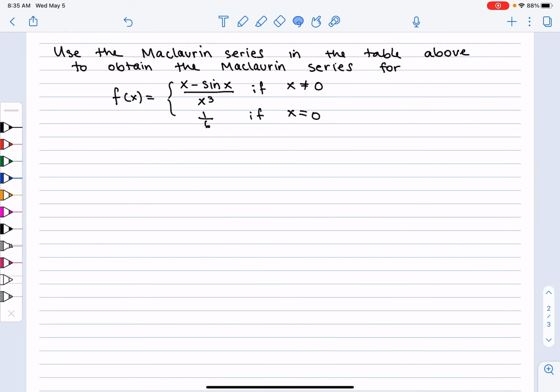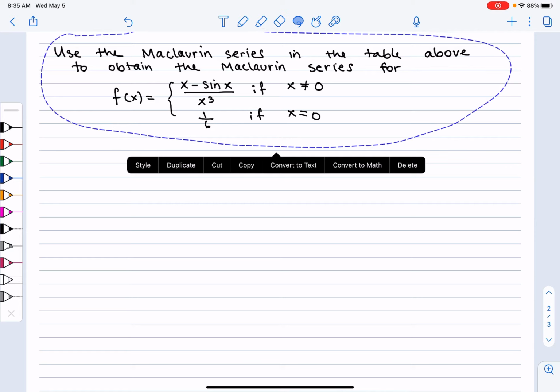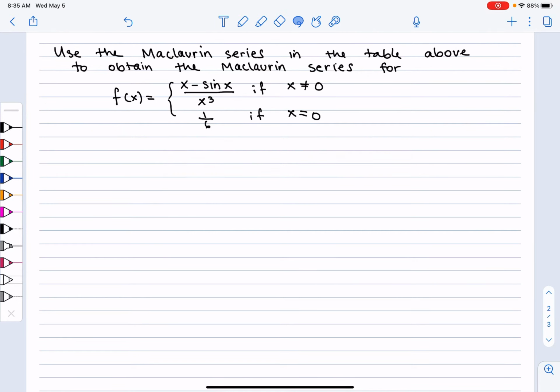So what we want to do one more time is find a Maclaurin series using the table that we talked about earlier for this function. We're going to use the Maclaurin series table to obtain a new Maclaurin series for this function f of x. Well, for x equal to 0, the answer is 1/6, so there's not much work to do there.